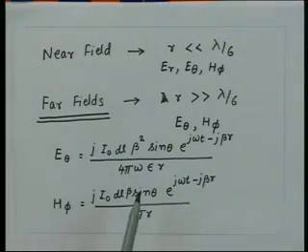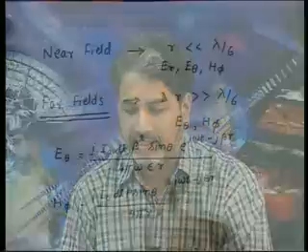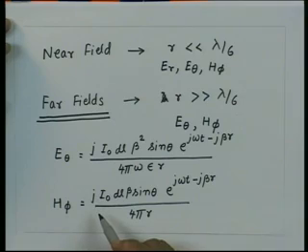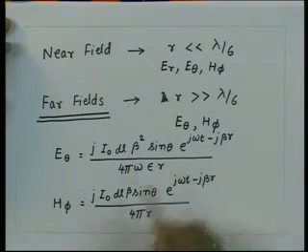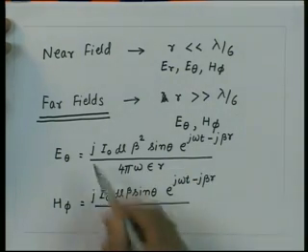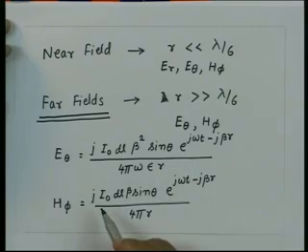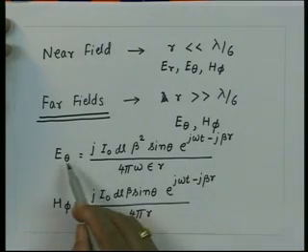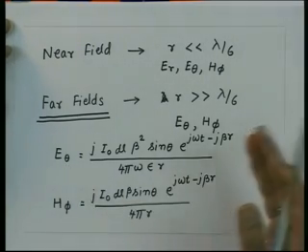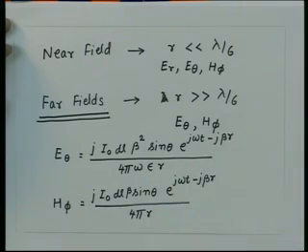And what is the reason for that? The reason is simple: right from the beginning we said radiation is a phenomenon related to the rate of change of current. So, if you have a time varying current which is e to the power j omega t, the rate of change of current is equivalent to multiplying the quantity by j omega. So, you have fields which are 90 degrees out of phase with respect to the current.